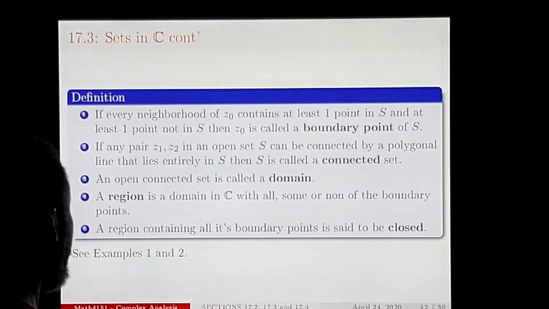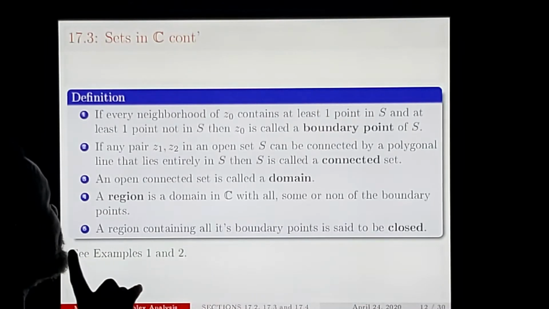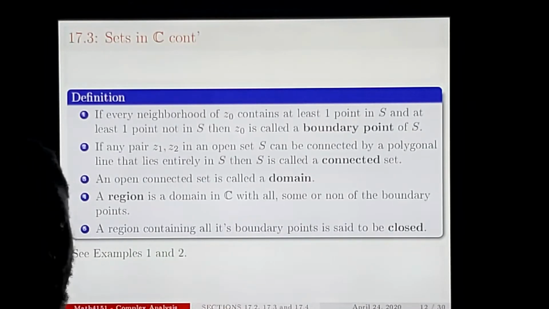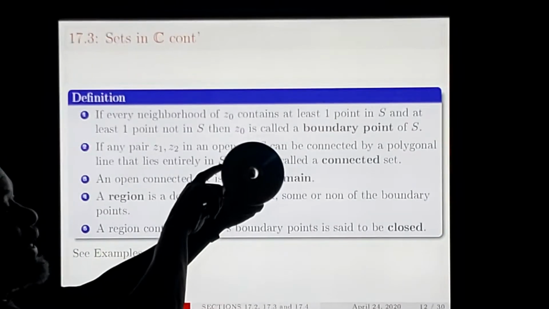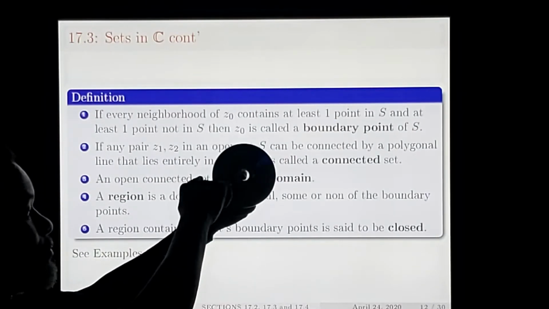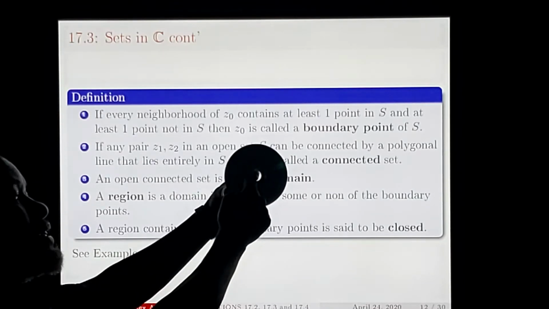Then we continue. If every neighborhood of Z naught contains at least one point in S, and at least one point not in S, then Z naught is called a boundary point of S. That's exactly what I was telling you previously. If I have a point here in this disk of mine and I take a neighborhood, it will have points outside and points inside.